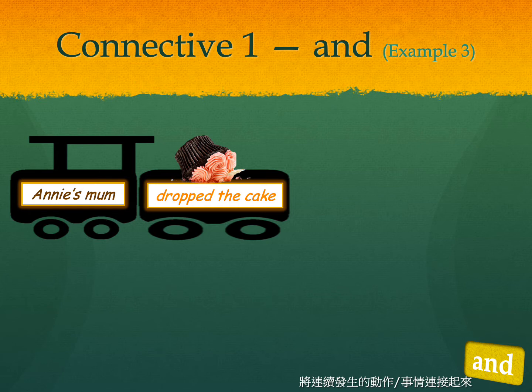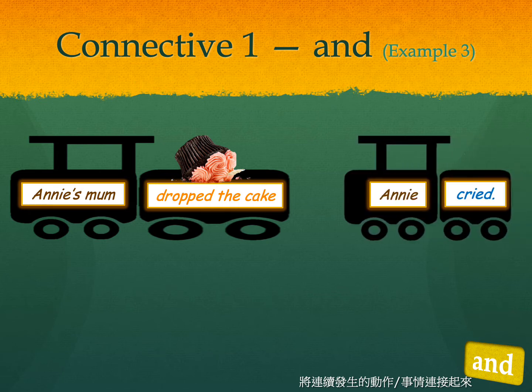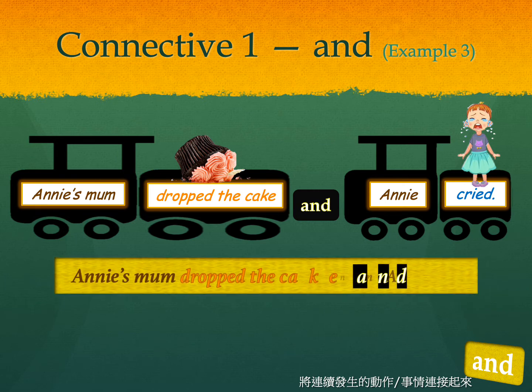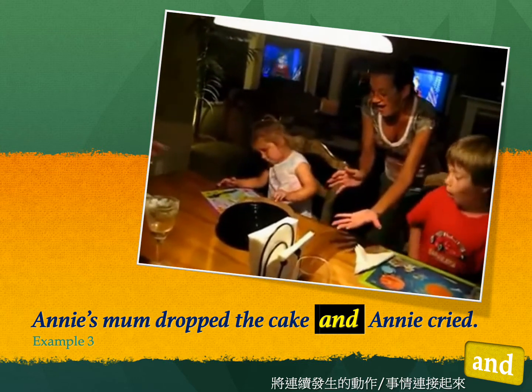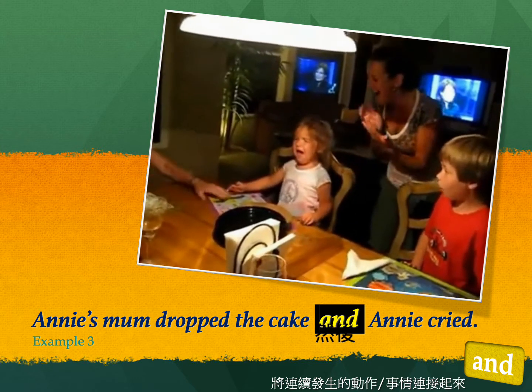After that, Annie cried. So these are two sequential actions. The mom dropped the cake first, then Annie cried. So we just have to put and between these two actions. It becomes Annie's mom dropped the cake and Annie cried. Annie's mom dropped the cake and Annie cried.